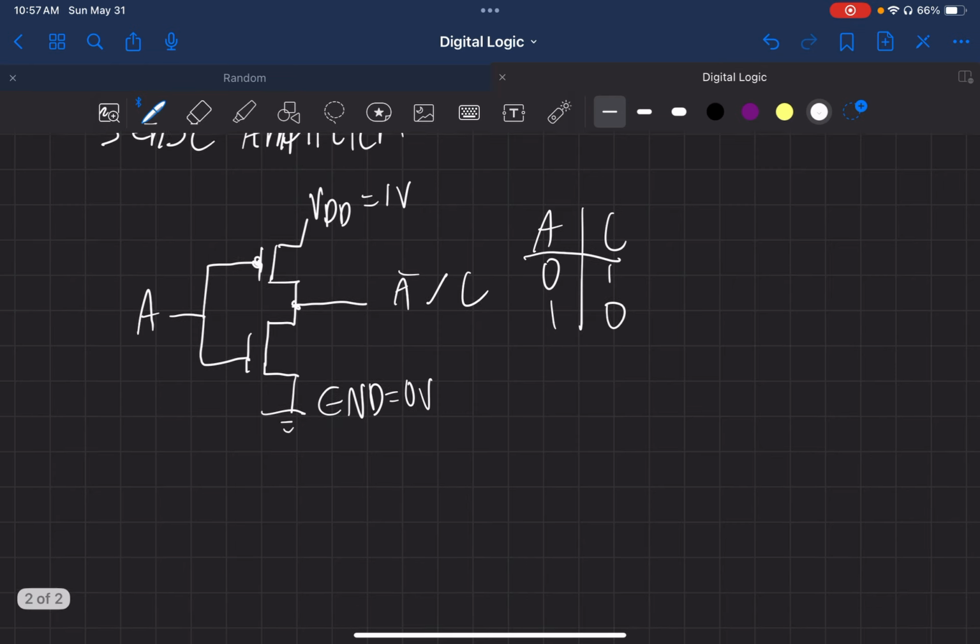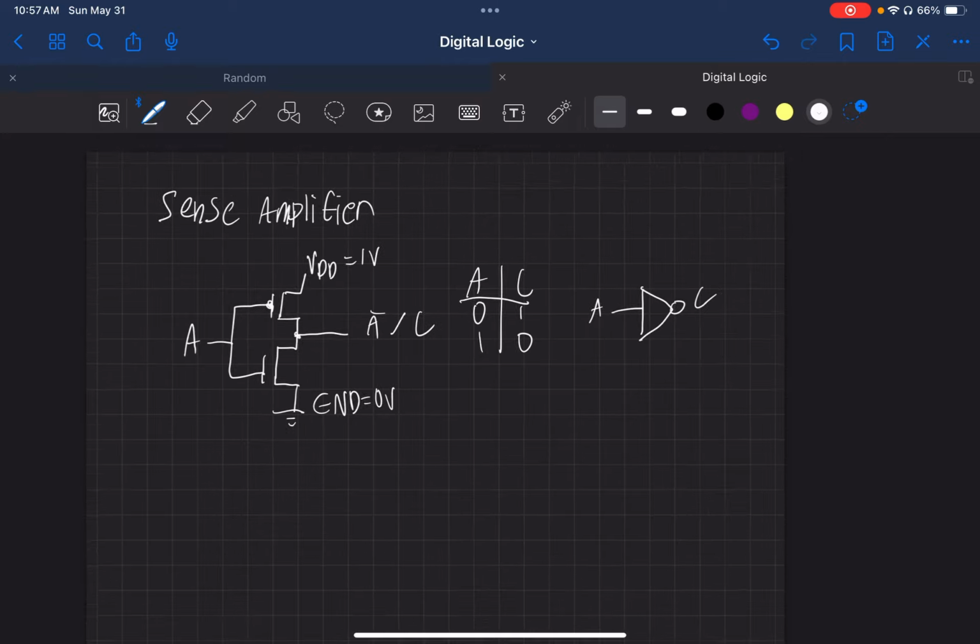So this is the very basic intuition, or building block, I should say, that we need to start building this sense amplifier. Later on, this will become relevant, but we can denote this as an inverter like that to say that this is A and that's C. Now, this is supposed to be like a triangle, but you get the point.